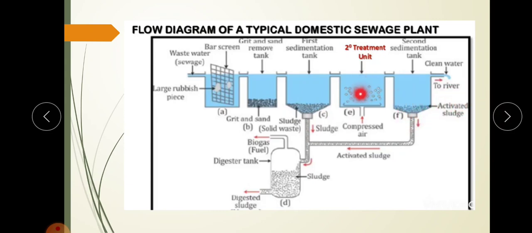Since it is a biological unit, we are blowing compressed air in order to clean this system. So this is the flow diagram of a typical domestic sewage plant. In today's lecture we are going to have an introduction to the secondary treatment unit or biological process.